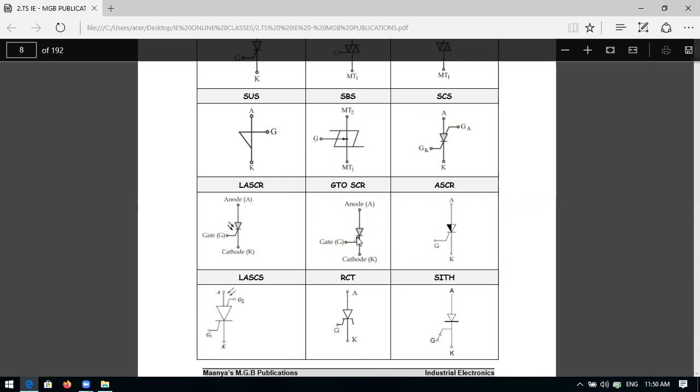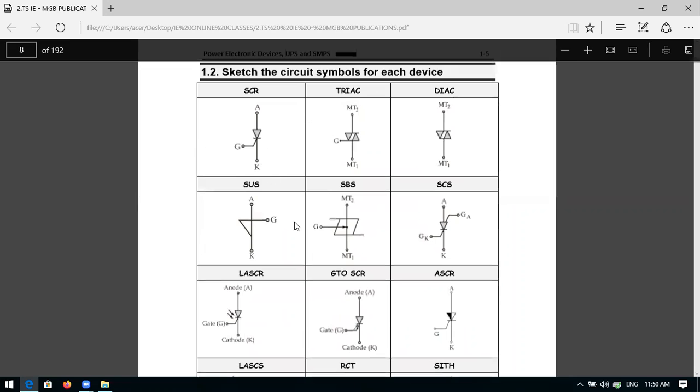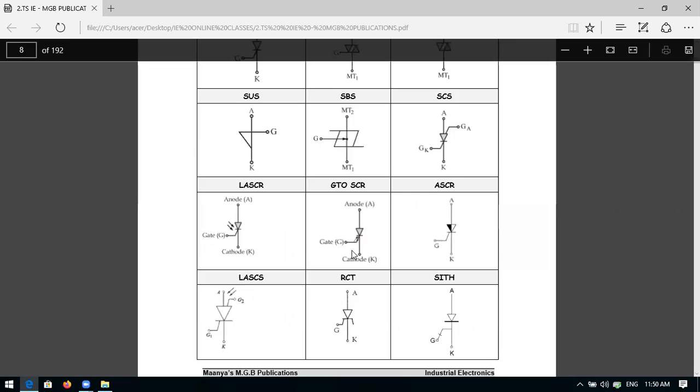You can observe keenly, one upward, one downward. So gate terminal having two arrows, symbol is different, not like your normal SCR. So observe cleanly, very important. They will ask what is GTO SCR, what is the symbol of GTO SCR. Next one is ASCR.